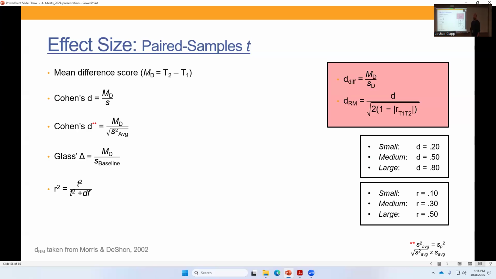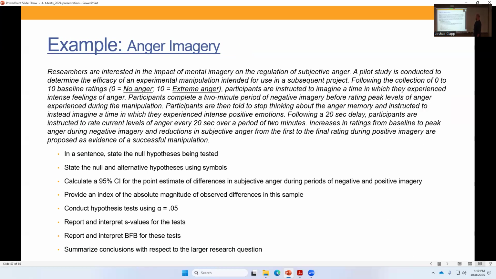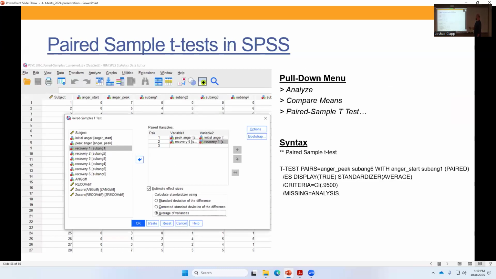It loses all interpretability and it's going to be way higher than what you would get here. So know that these are things, but probably not as useful for interpretability as some of these over here. Okay. Here I have an example for anger imagery.